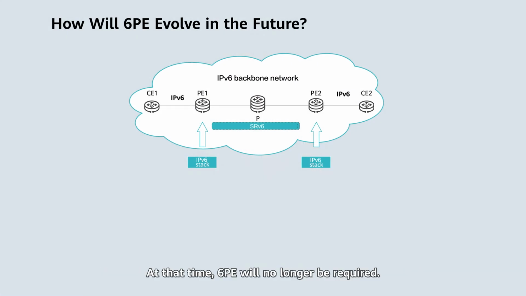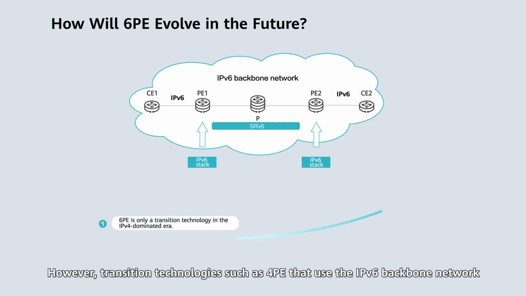At that time, 6PE will no longer be required. The ideal situation is that PEs only need to support the IPv6 stack. This lowers requirements on PEs and consumes less PE resources. 6PE will disappear once IPv6 becomes prevalent on backbone networks.